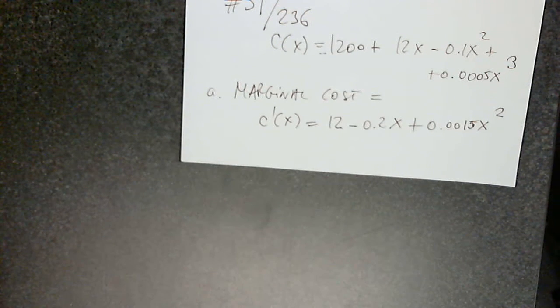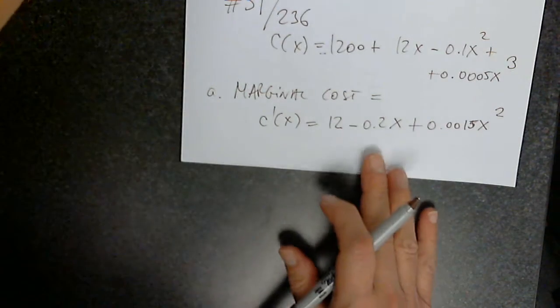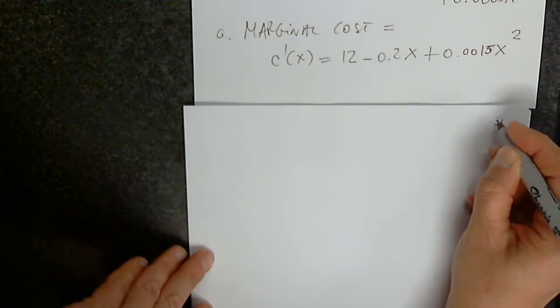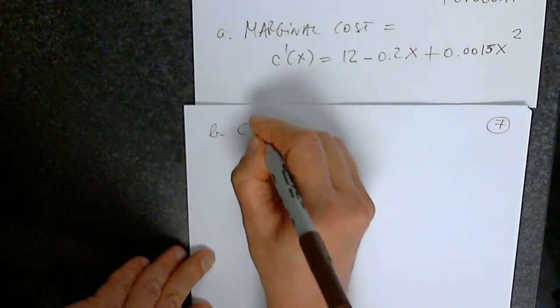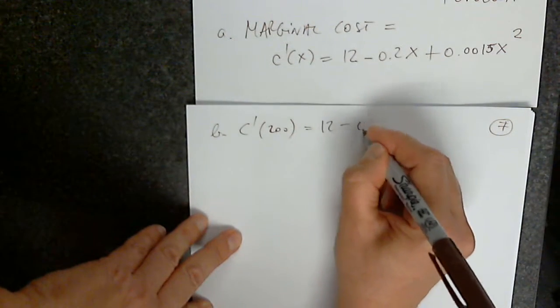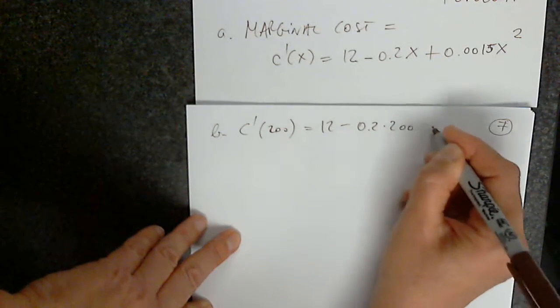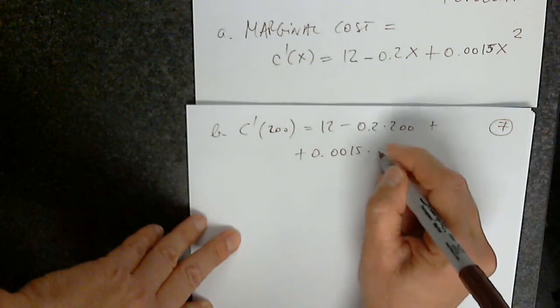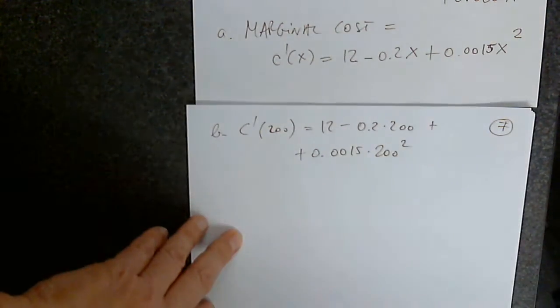In part B, we're asked to find C prime of 200 and explain its meaning. Okay? So how do I find C prime of 200? So 12 minus 0.2 times 200 plus 0.0015 times 200 squared.